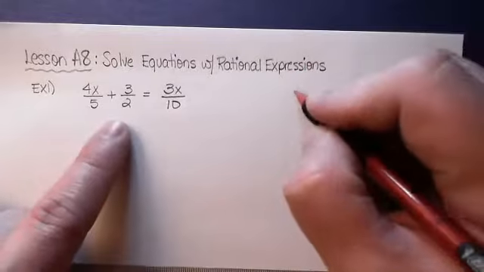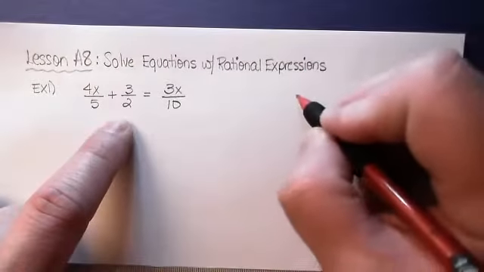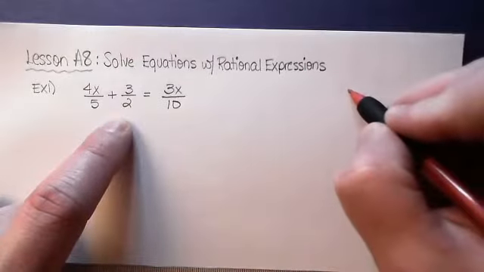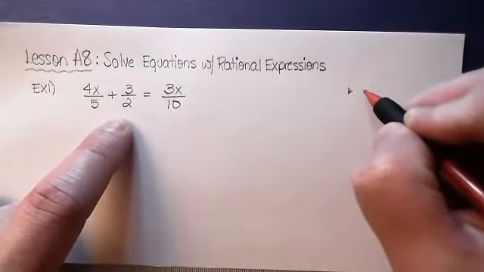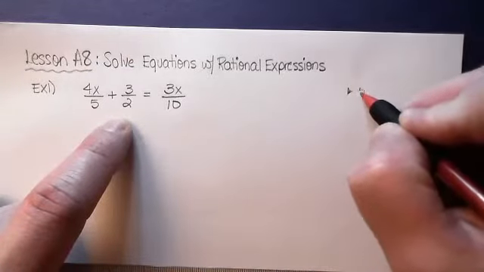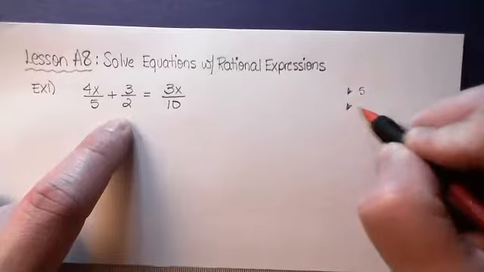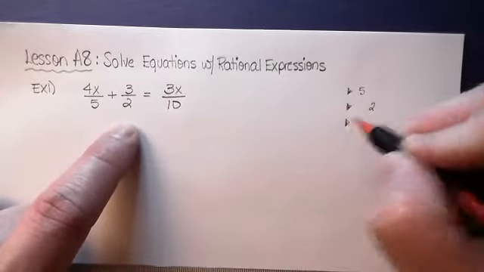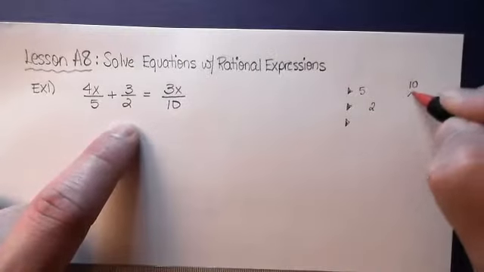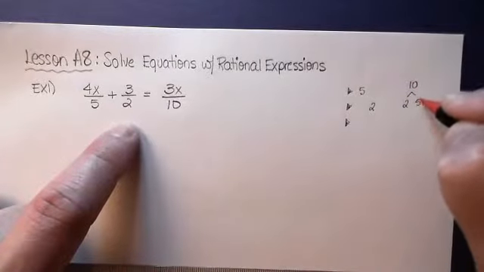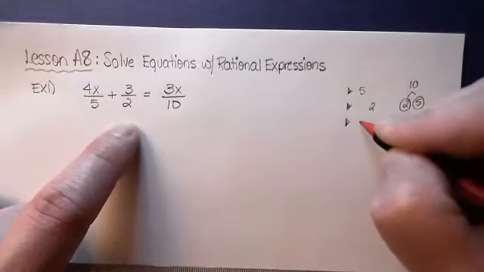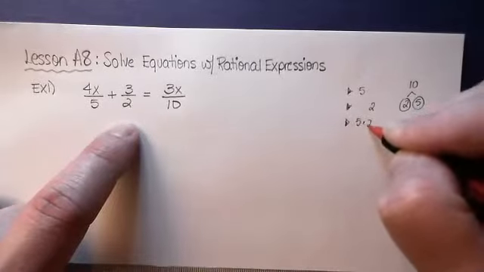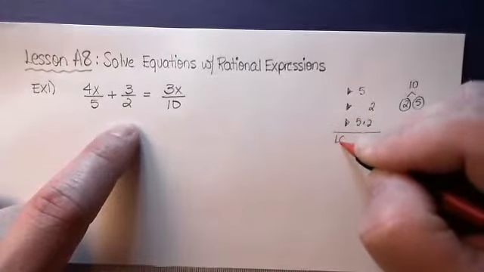If you also remember the way I taught you, you make a list of all the denominators. So in this case I have denominator 5, I have denominator 2, and number 10. If you do the prime factorization, 10 breaks down as 2 times 5. So what is my least common denominator?